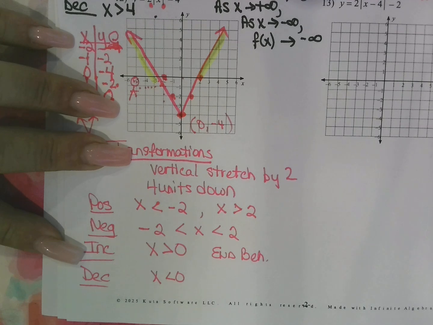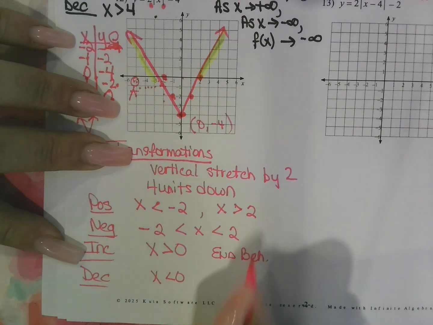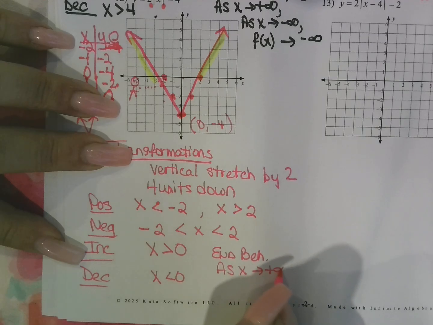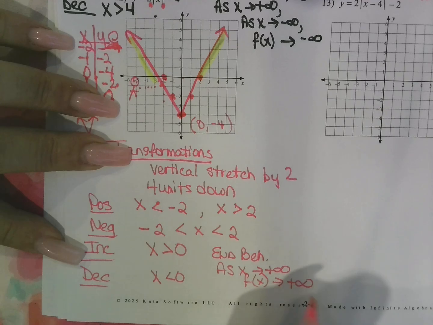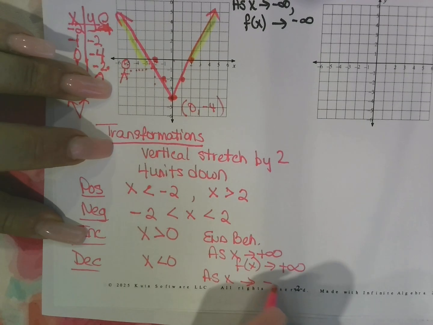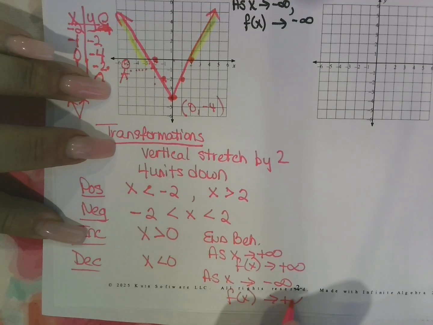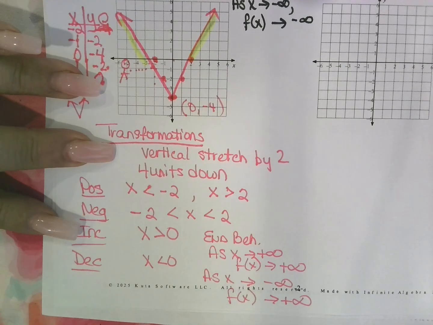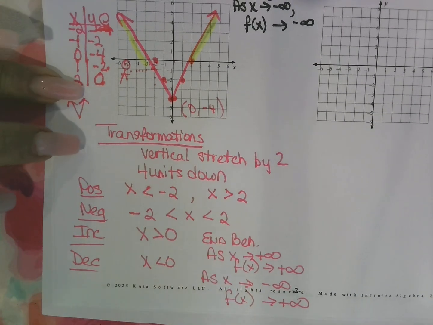So, as x goes to positive infinity, f of x will go to positive infinity. And as x goes to negative infinity, f of x is still going to positive infinity, up and up. Those are your end behaviors. Okay?